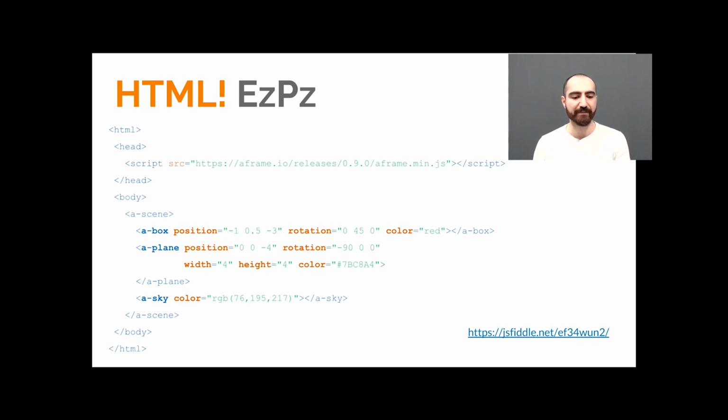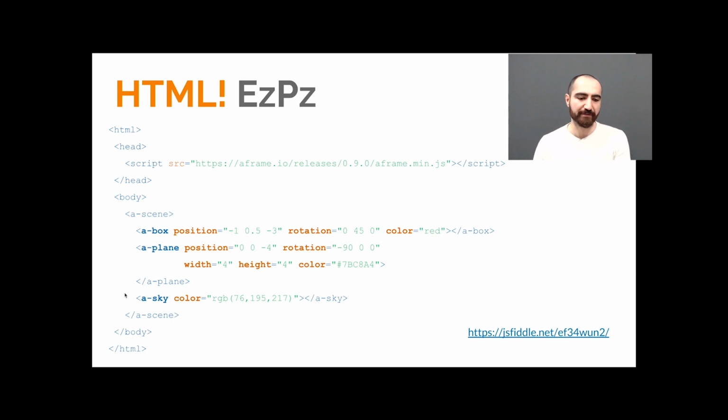Our scene is a container for everything that we do in 3D, and we can plug that in anywhere. The nice thing about that is A-Frame is going to support any of your single page application frameworks like Angular, React, Vue.js, and it plays nicely with them, just because it is fully revolving around HTML entities.